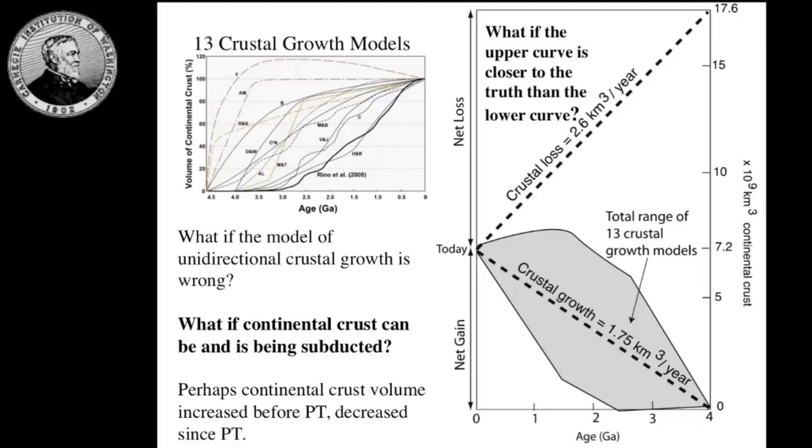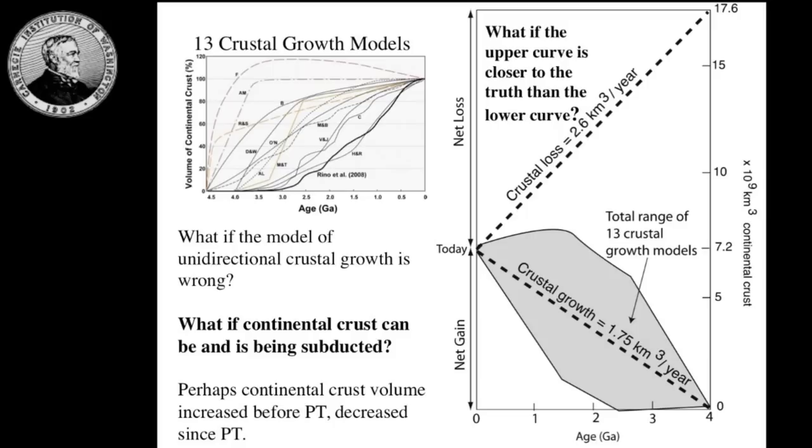These are 13 crustal growth models. Here is today, where we have 100% of continental crust. Back in the past there was much less, and the question is, how did that crust grow? But this all implies that the crustal growth mechanisms have been, by and large, the same over Earth history.